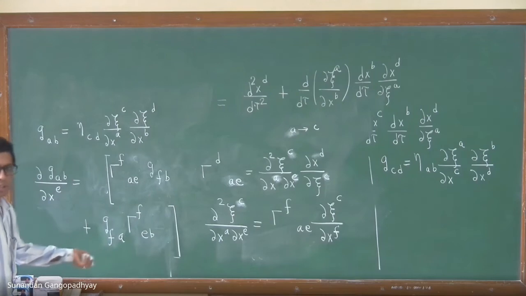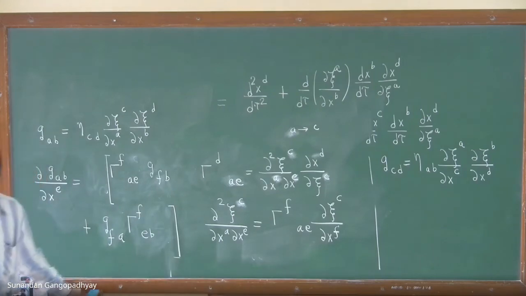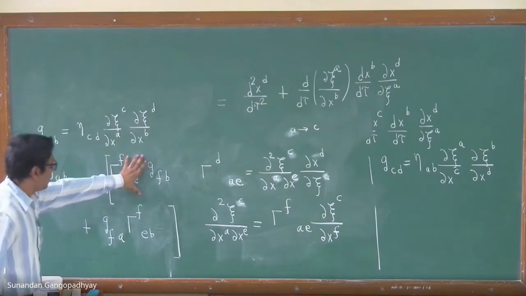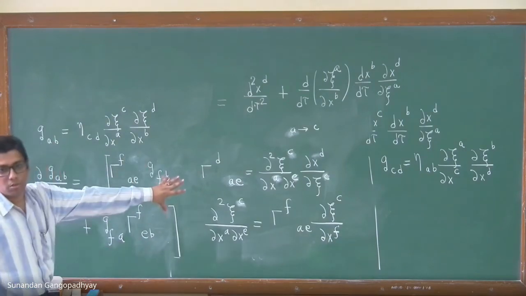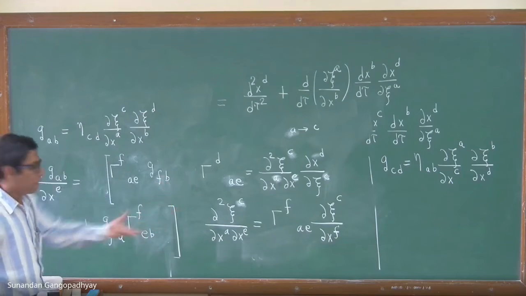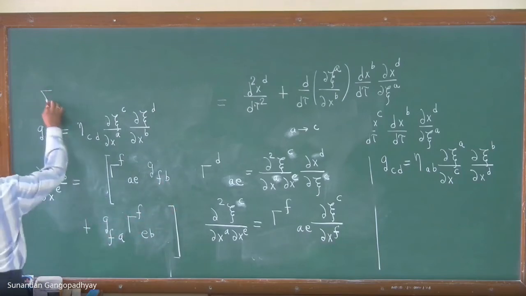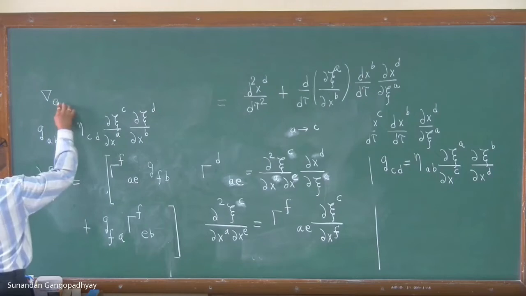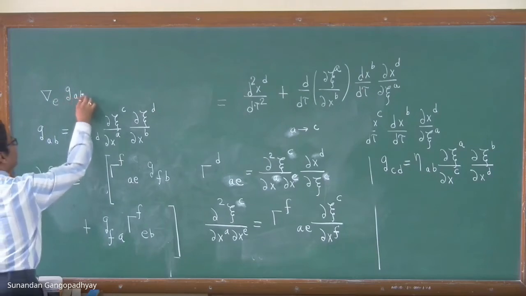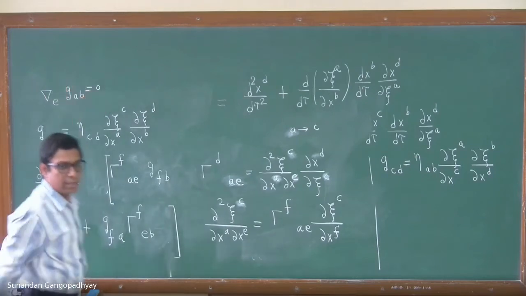This is symmetric. You can write it as GFA or GAF, whatever you like. And therefore, you can see that this minus this is equal to 0. And what is that? That is nothing but nabla E G_AB, and that is metric compatibility.